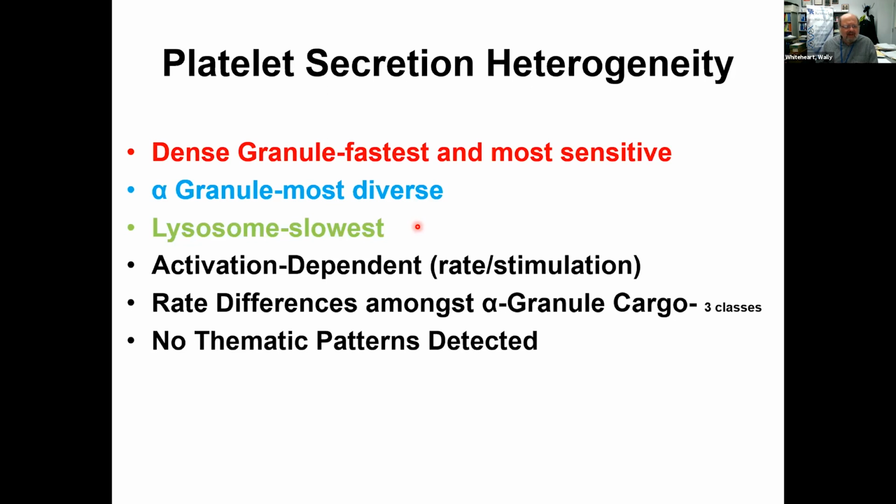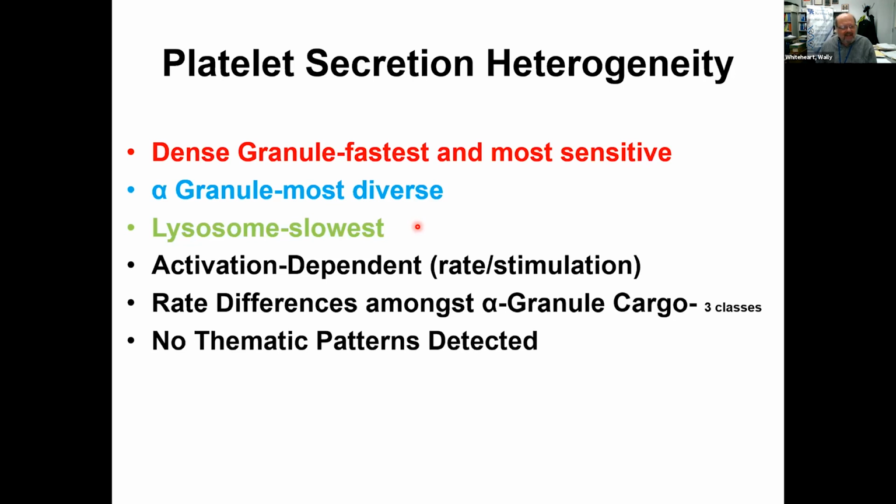Alpha granule cargo actually has the most diversity in the release rate. There were alpha granule cargo proteins represented in all 3 of the classes that we saw in our analysis. Lysosome was the slowest, and lysosome release actually required the most agonist for release. So it's the most insensitive to stimulation.